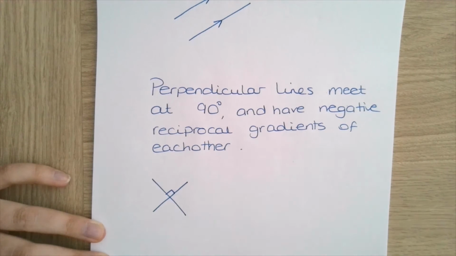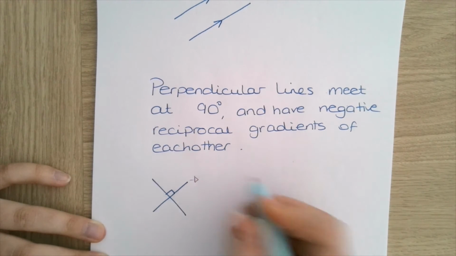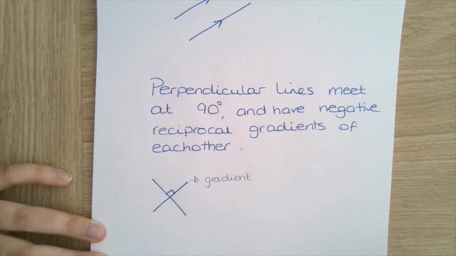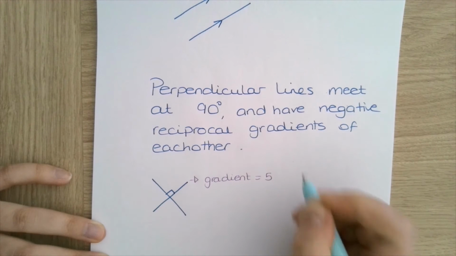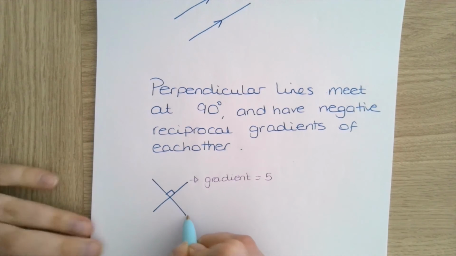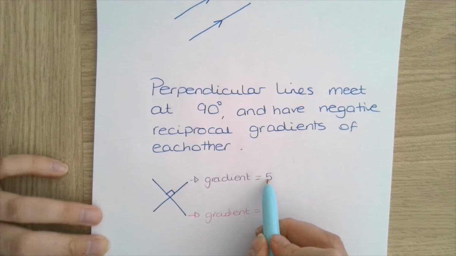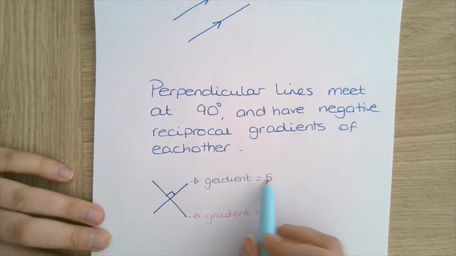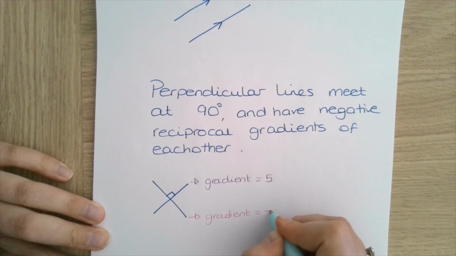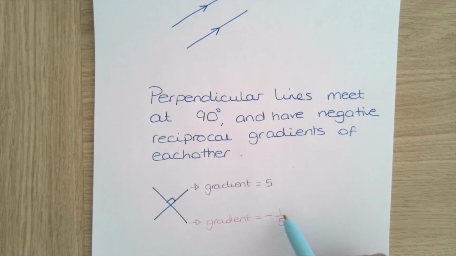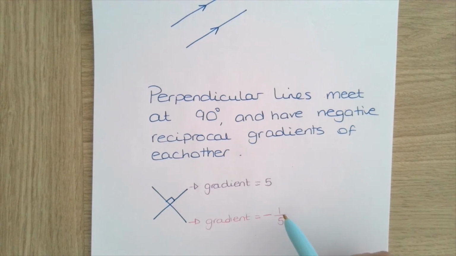So let's say that this line has a gradient of 5. The gradient of this line is the negative reciprocal of 5. So the negative reciprocal of 5 is going to be minus, because it's the negative, reciprocal means 1 over. So negative reciprocal is minus 1/5.